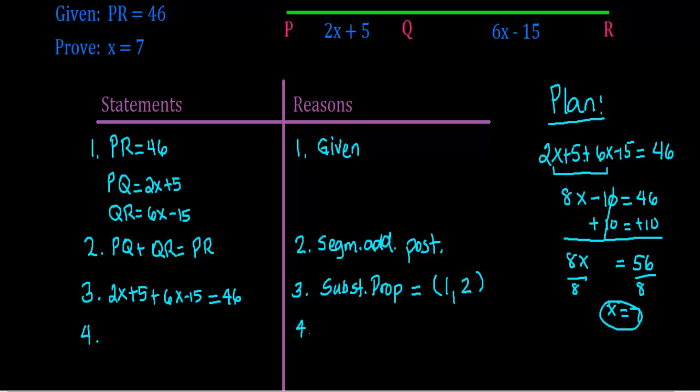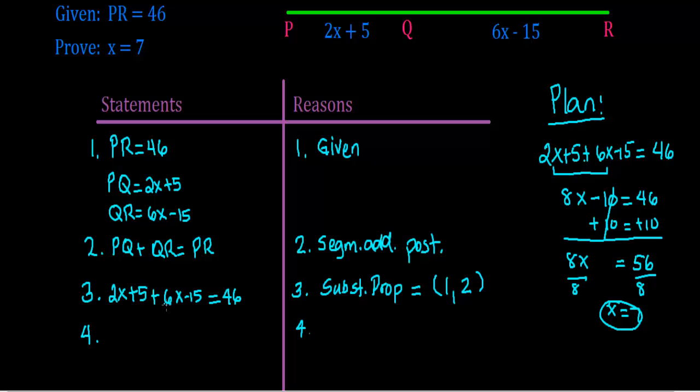What did I do here to go from this statement to this statement, which is 8x minus 10 equals 46? I combined like terms, 2x plus 6x. Now, it may seem trivial to you to say, well, 2x and 6x is 8x. Let's just write 8x minus 10 equals 46. But you have to be careful.